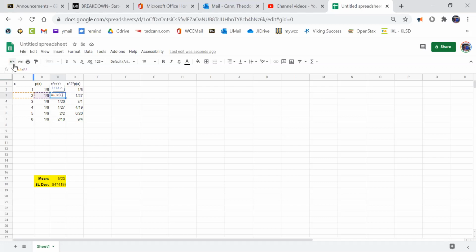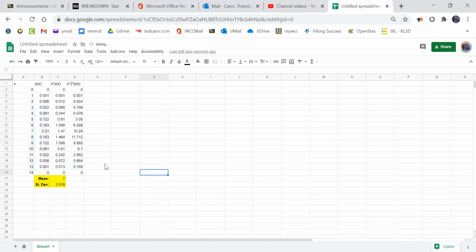Let me undo. I just don't want to lose the stuff that I had before. That was really strange. It was saying A2. It could have been a formatting thing.